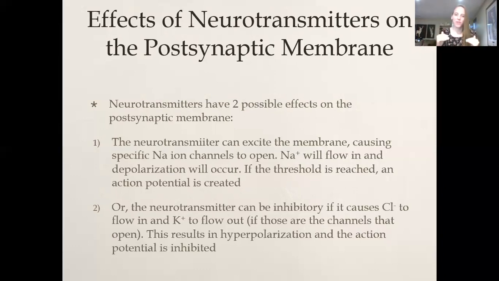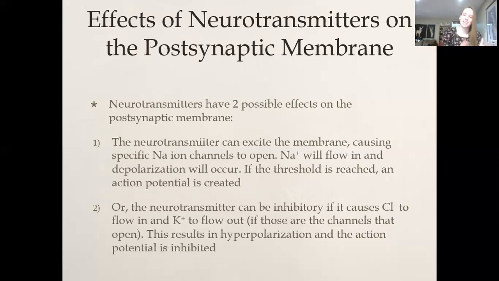The sodium flows in, it depolarizes that postsynaptic membrane, and it's going to have its own action potential, which then gets sent down its axon to its axon terminal. So essentially the neurotransmitter is the stimulus that causes an action potential in the next neuron.